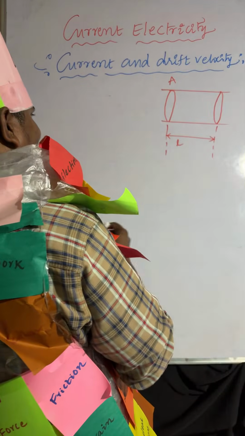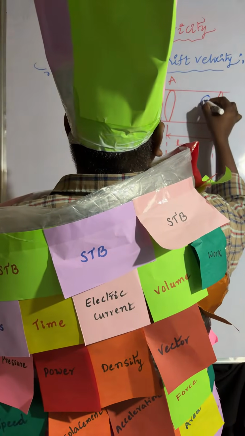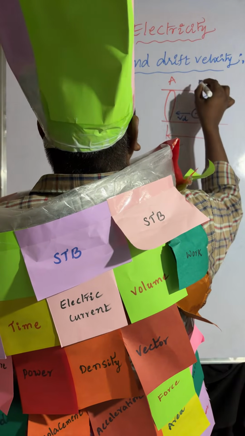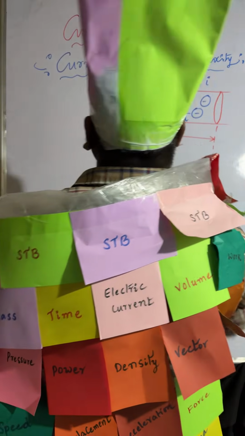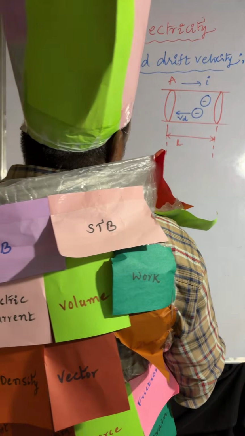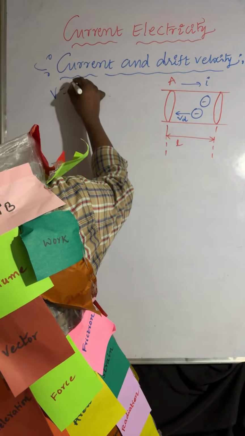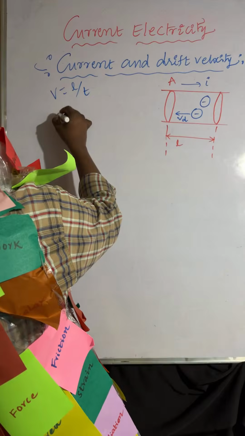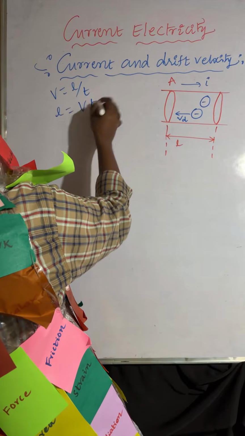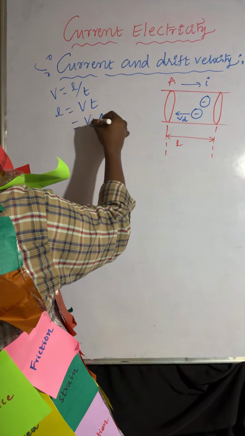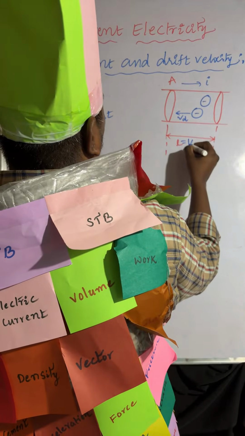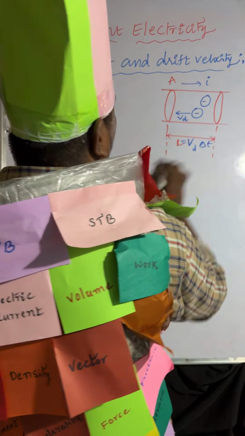Electrons are moving like this, and current is moving in this direction. Velocity equals displacement by time taken, or length by time taken. So the length L is nothing but Vd into delta t.